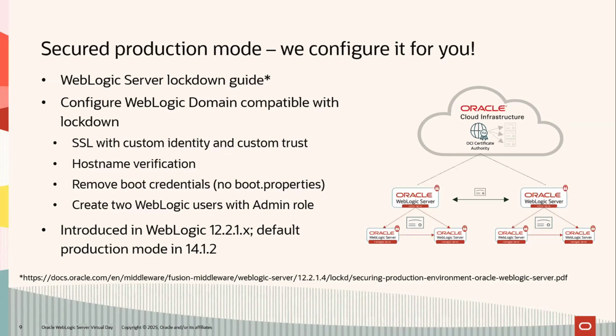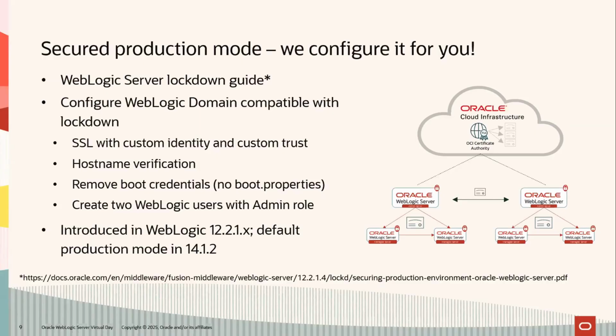If you're remembering previous versions of WebLogic Server, you get a demo identity and a demo trust. And this you get a custom identity and custom trust. Now, the way we configure SSL in WebLogic Server for OCI is by requiring you to provide us an OCI certificate authority.